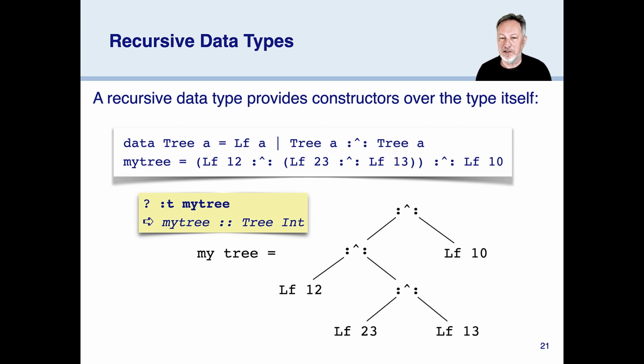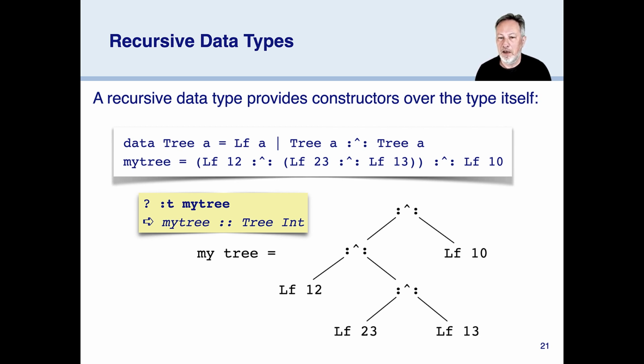So we need at least two constructors. There's a leaf constructor, and a leaf will take as an argument anything of type A. Notice this is a generic description. We could also define an int tree, and then we wouldn't need the A parameter, but then our tree could only hold integers.